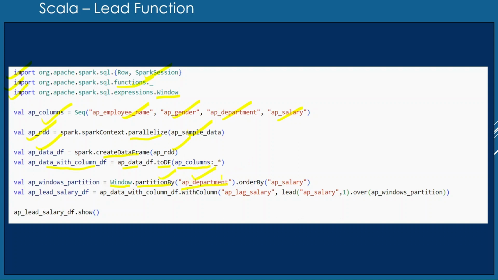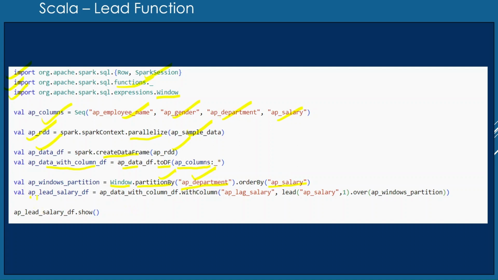Once the partition gets created, the data will be organized in the partition with the help of the salary column, either in descending order or in ascending order. Here we are not defining any ordering condition, so by default it will be in ascending order.